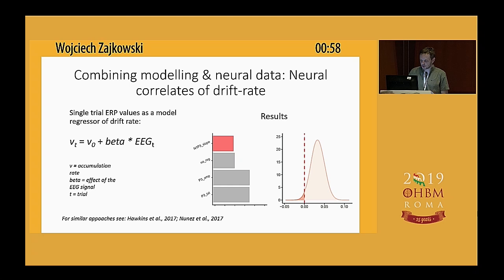This is the posterior distribution of the beta parameter, and we can see that around 97% of the samples of this parameter are above 0, which means that we are 97% confident that beta is positive, meaning that the steeper the slope of the N100, P300 as measured by our method, the more it is actually a neural correlate of evidence accumulation.